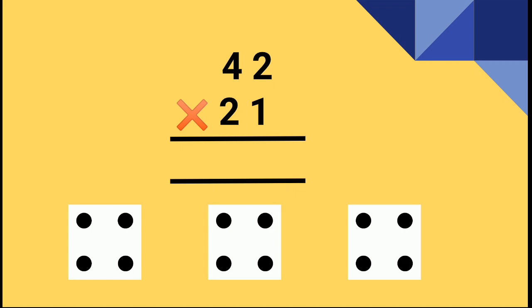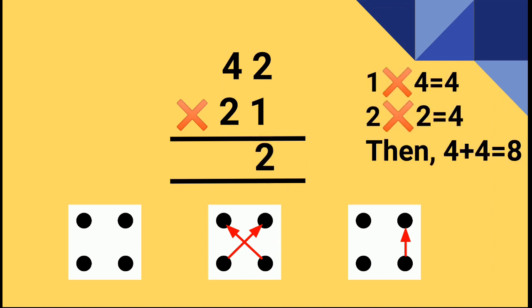The first step is to find the multiplication of the rightmost two digits, that is 1 multiplied by 2, which will give us 2. The second step is to multiply the digits diagonally, like 1 multiplied by 4 and 2 multiplied by 2. So 1 multiplied by 4 will give us 4 and 2 multiplied by 2 will give us 4.